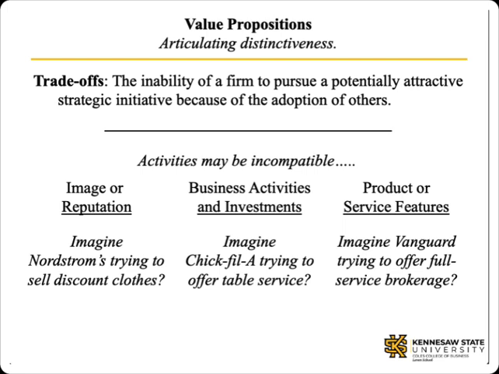Similarly, Chick-fil-A is not set up to offer table service like non-fast food restaurants, and Vanguard is firmly entrenched on the low-fee side of the brokerage business. Even if these firms wanted to expand their service offerings, the previous decisions, actions, and investments made by them would make it very hard for these companies to get outside their lanes.